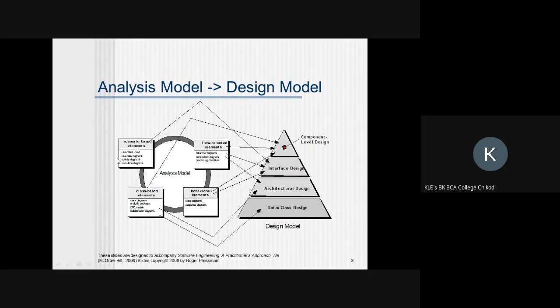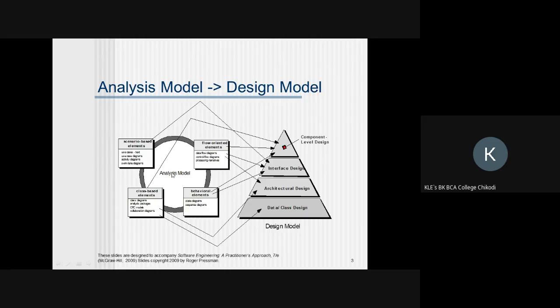This is the analysis model. As I told you, we have several steps. In those steps, we convert some of the models into another model. Here, during the designing of any software, initially the analyst will design different kinds of diagrams or models. Those models are converted to the design model.